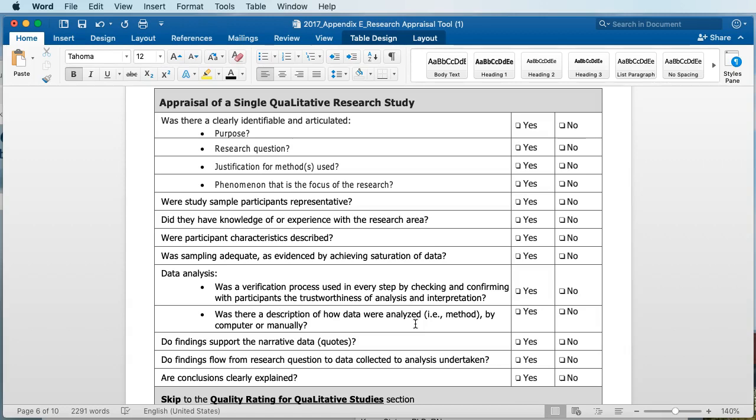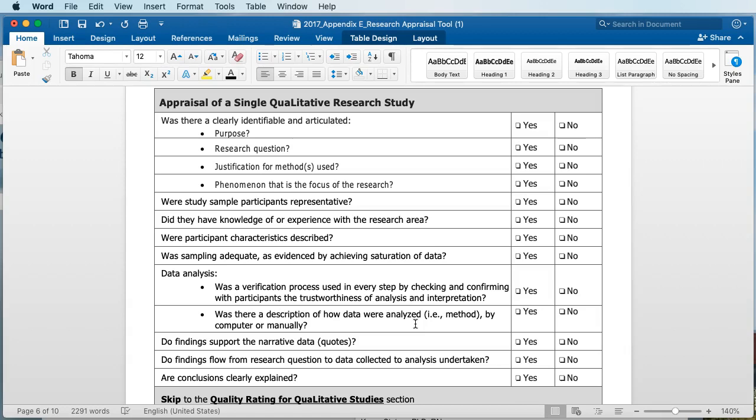Did the participants have knowledge or experience with the research area? Did they describe the participants? Was sampling adequate? And again, you can go to the voiceover on sampling, but did they indicate that data was saturated, that they didn't have any new themes emerge? And then did they go through and examine for trustworthiness? There's a voiceover about that.